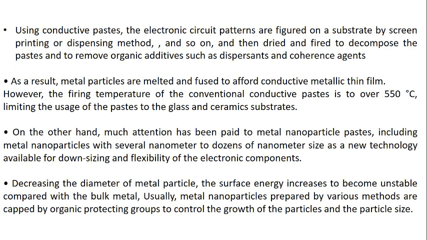Enter metal nanoparticle pastes. With particle size from a few to tens of nanometers, these enable smaller, flexible components. Smaller particles mean higher surface energy, so they are capped with organic groups to control growth and size, revolutionizing microelectronics. Let's explore this game changer.